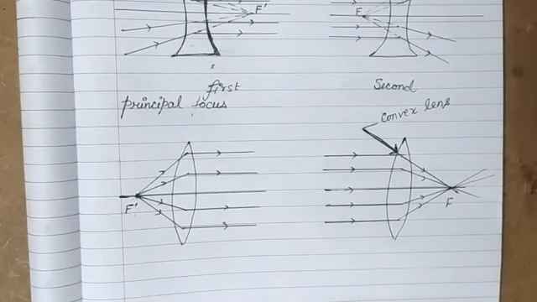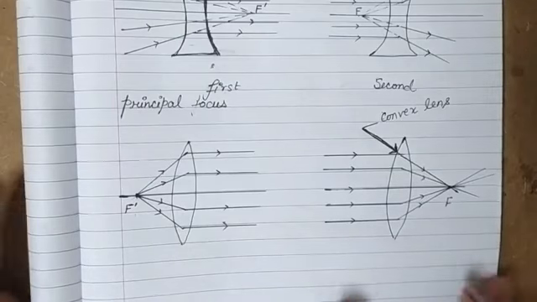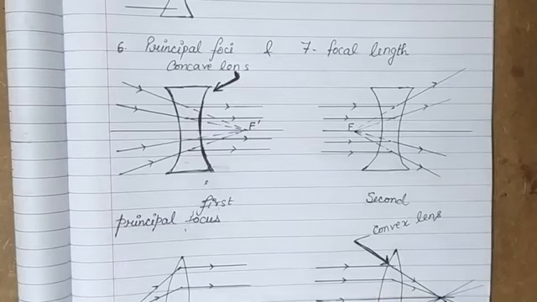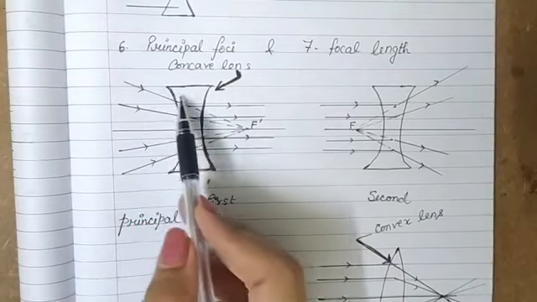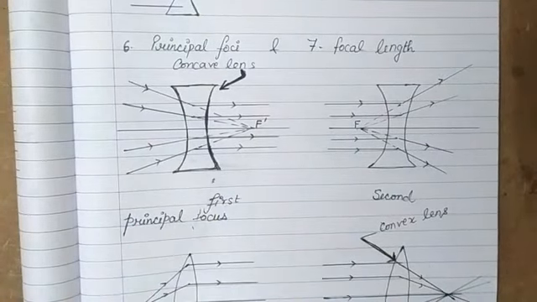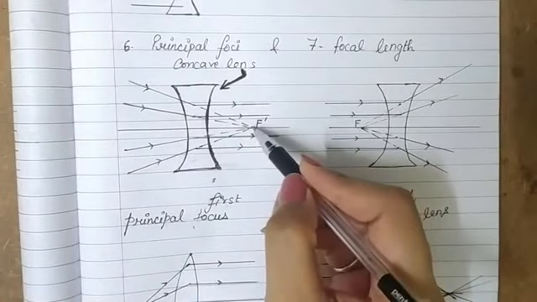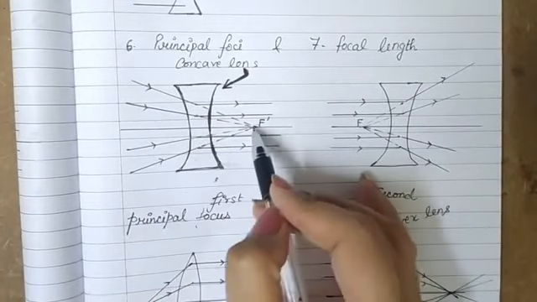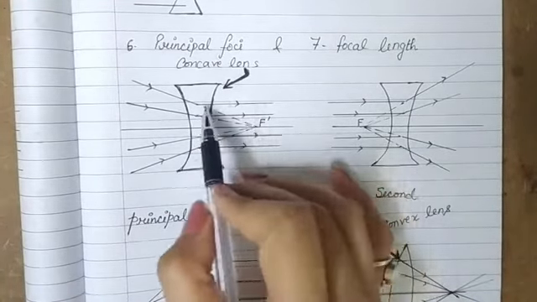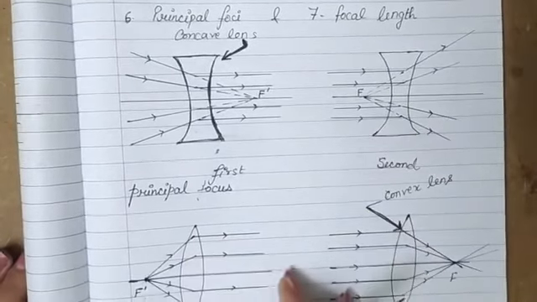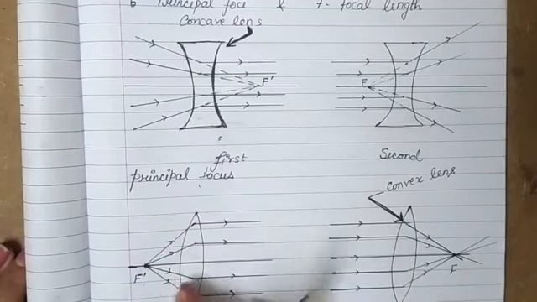Now in case of concave lens, there is a small difference. Since concave lens is a diverging lens, it can't converge rays at a certain point. That's why the light rays coming to this lens all appear to go towards this point, and after refraction become parallel to the principal axis. In case of convex lens, these rays are coming from that point.